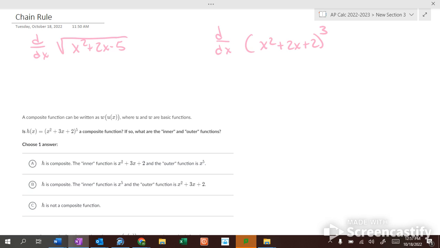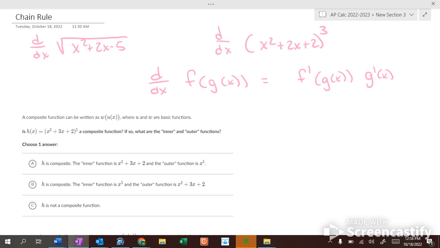Well, when you take the derivative of something like this, it's a composite function, such as f of g of x. And the derivative of it is the derivative of f of g of x times the derivative of g of x.